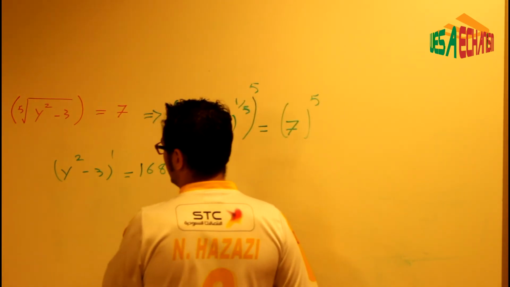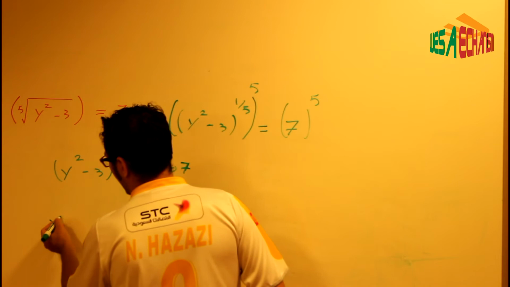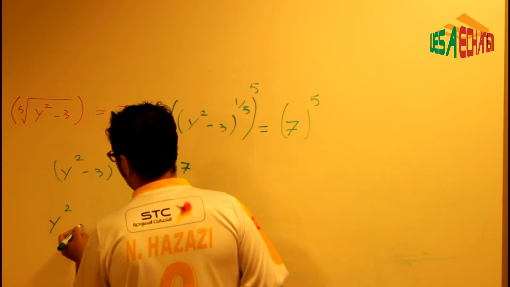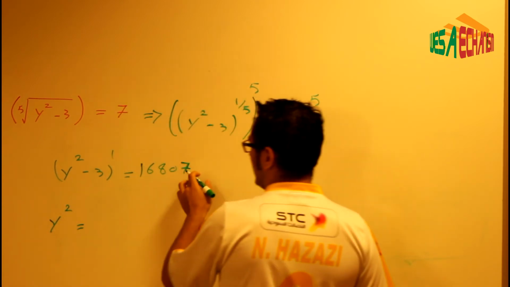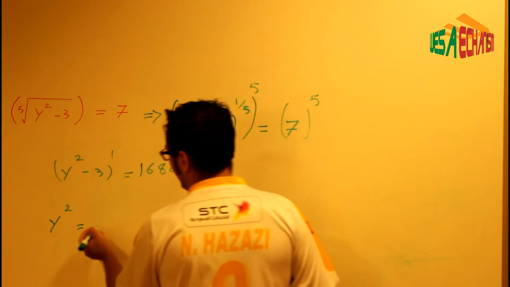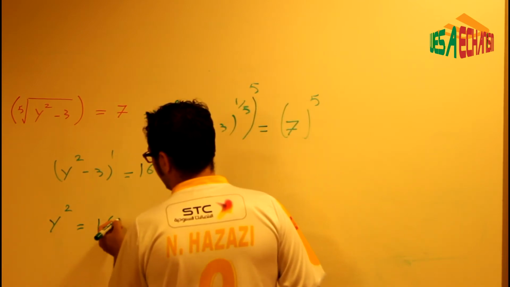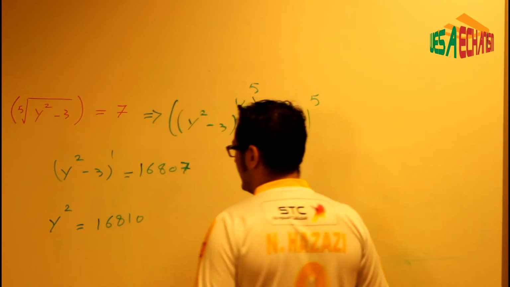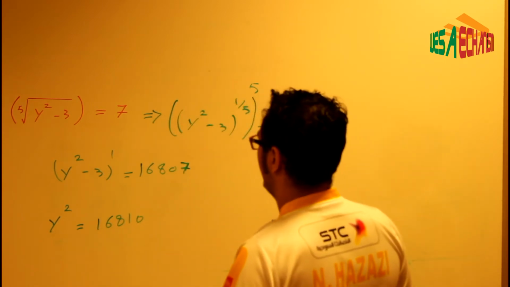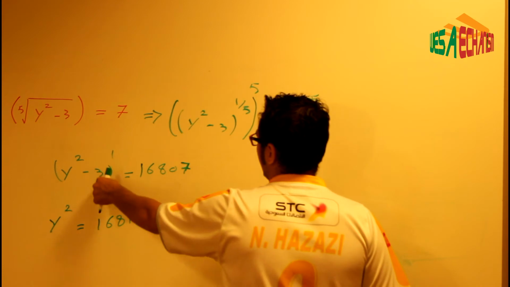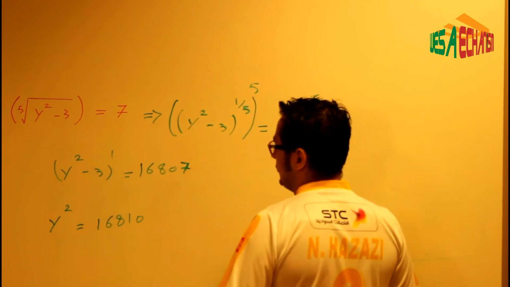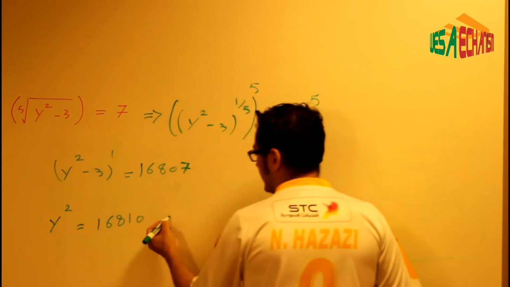So to simplify for this, we are going to say y squared equals 168.10, because plus 3, and we have y squared, so we want to get rid of this square.